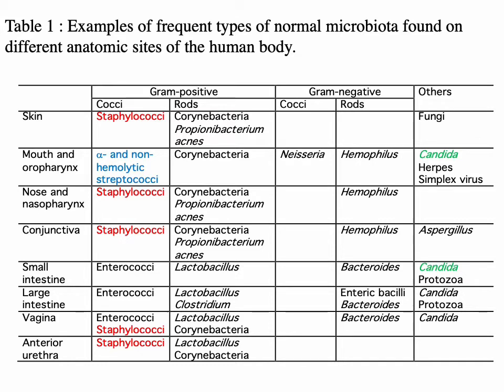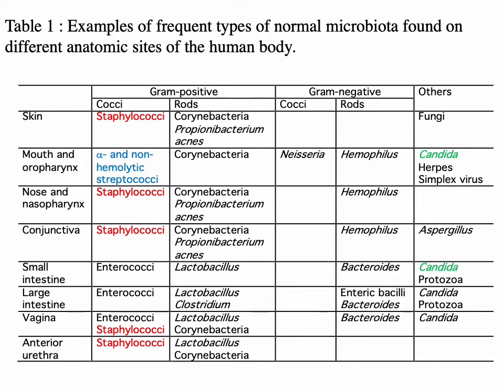This organism, even though it's not listed, will probably be found in the intestine as well, and also I guarantee you will find it in the oral cavity, the mouth or the oropharynx. So it's a very common organism.